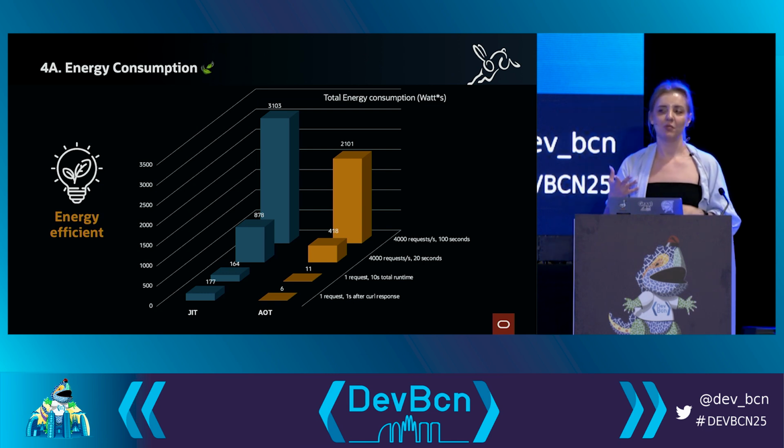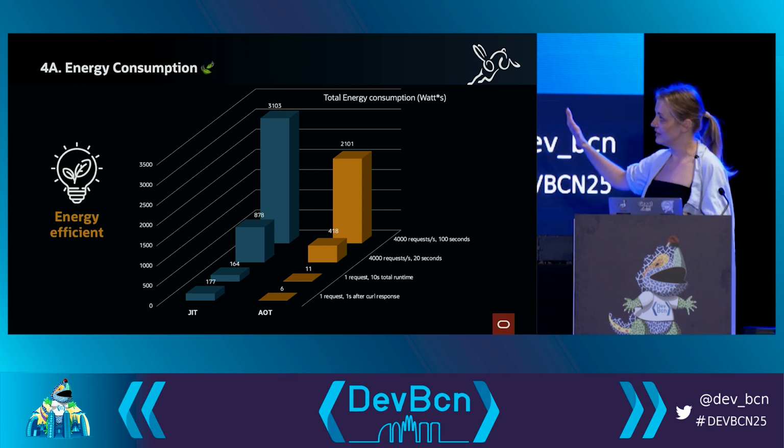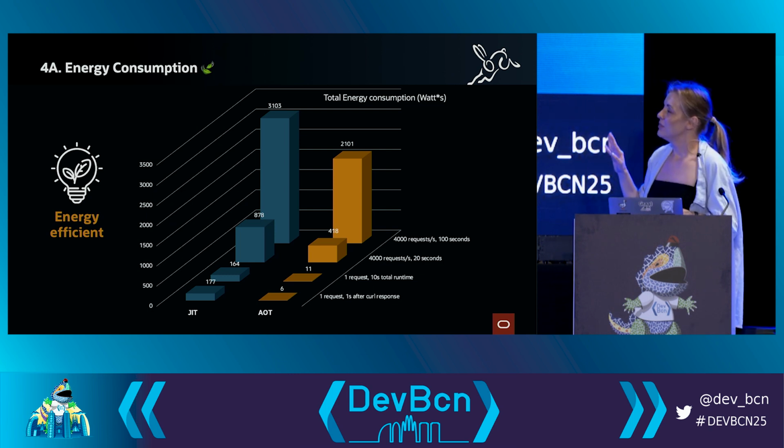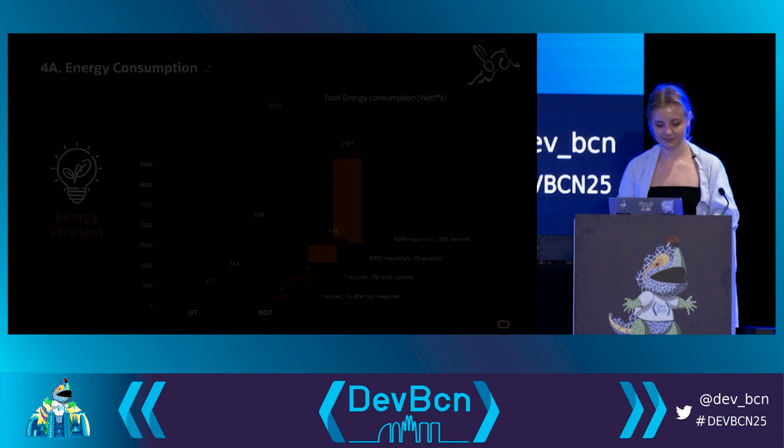So if you happen to be working in a domain where the government or whatever requires you to make your applications greener, or show how you care about the environment and what you do to implement green policies, with native image, you can see that even under load, it uses on average maybe 30% less than the JVM.